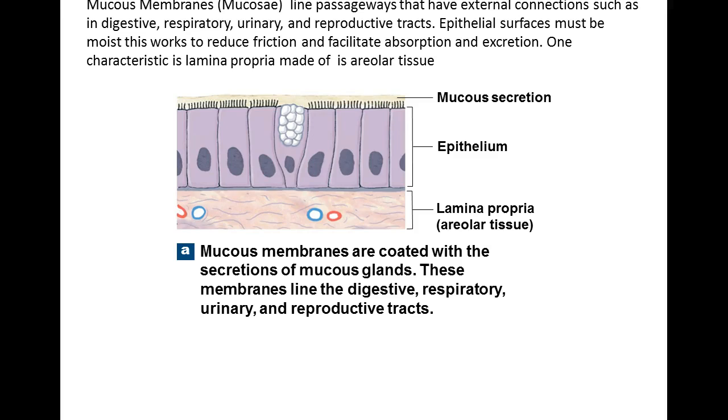That mucus then works with the cilia, reduces friction, and facilitates movement, absorption, and secretion.